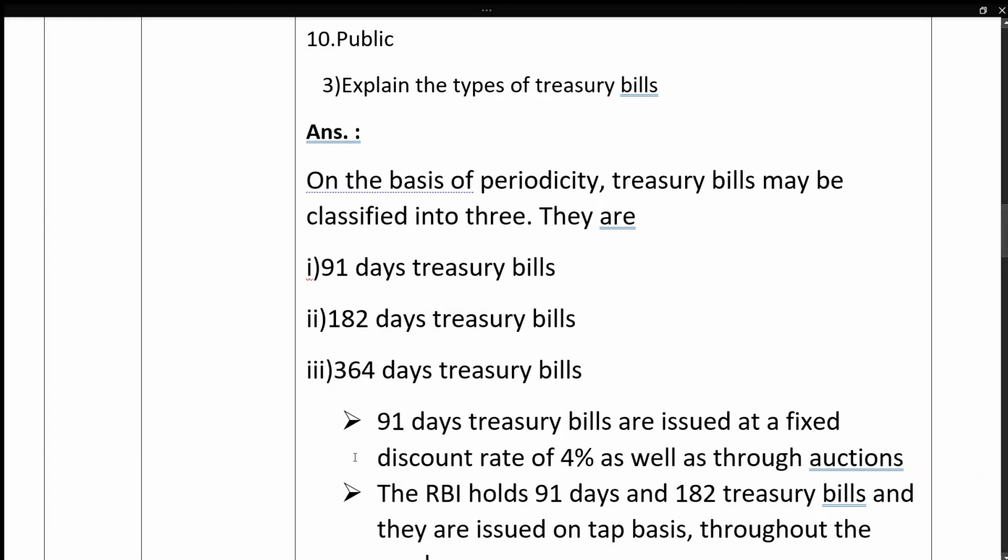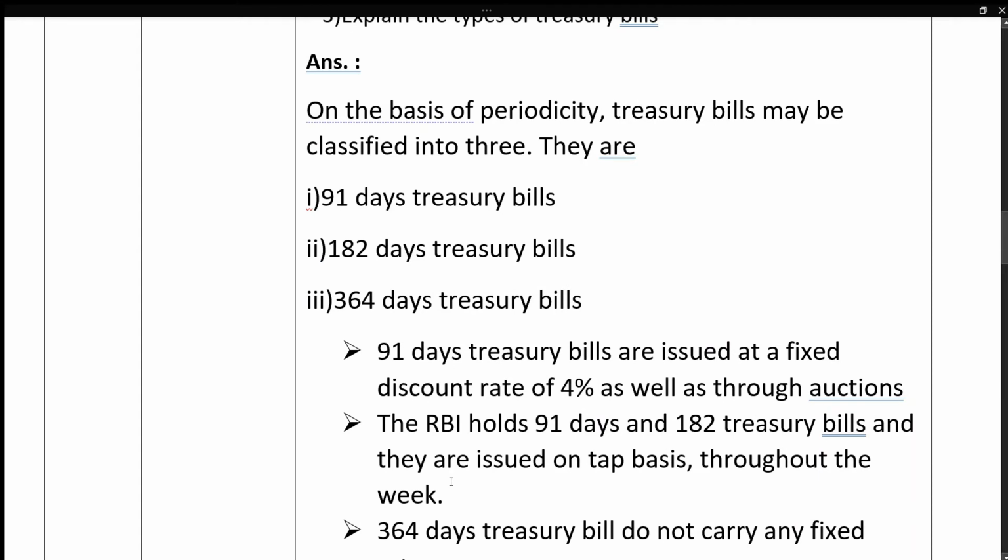The 91 days treasury bills have a fixed discount rate. The treasury bill is actually issued at a discount, and it will be redeemed at the face value. For example, if the original value is 100 rupees, it will be issued at 96 rupees, and then it will be redeemed at 100 rupees.